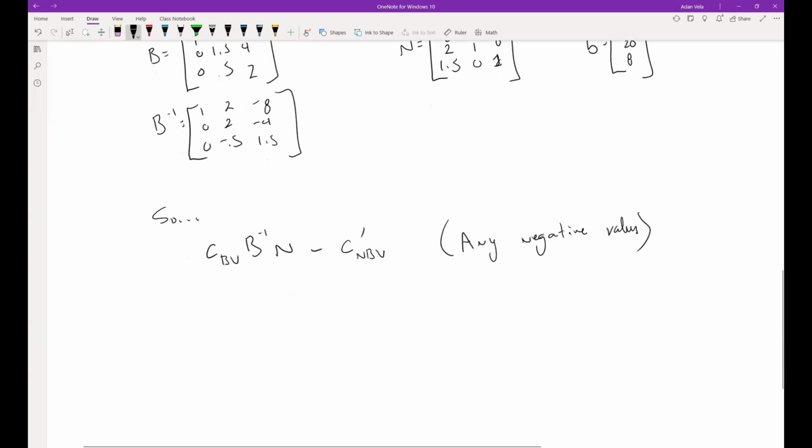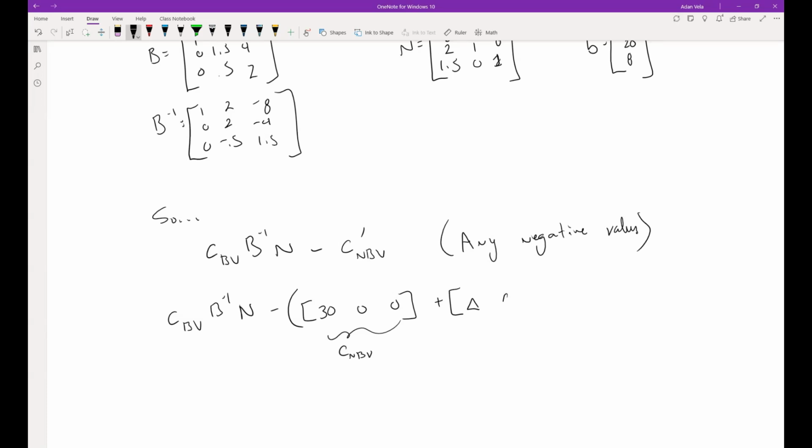Okay, so what is CNBV prime? Well, we can fill this in. CNBV prime is going to start off with CNBV, which was 30, 0, 0. But now we're going to add in a delta corresponding to X2.